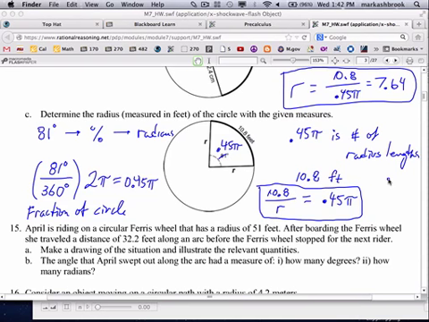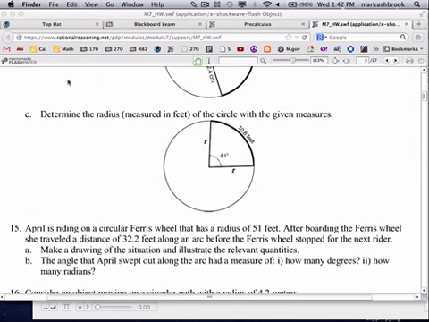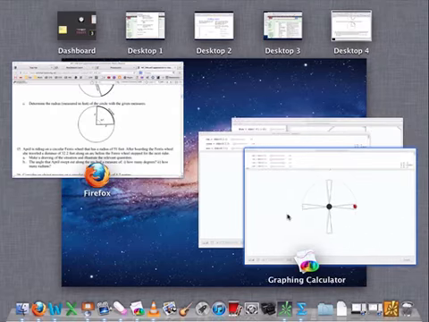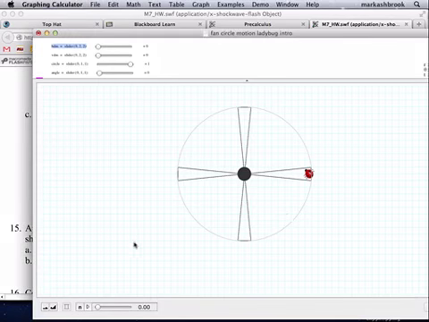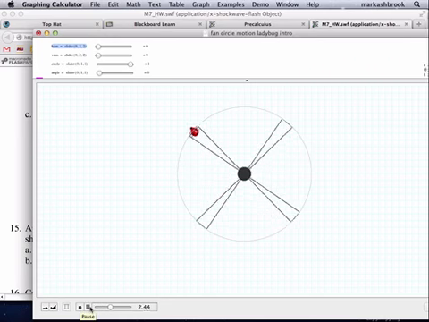Any other questions on the homework? Okay, so last time we started working on the bug on the fan, and the fan has a radius of 2.6 feet.